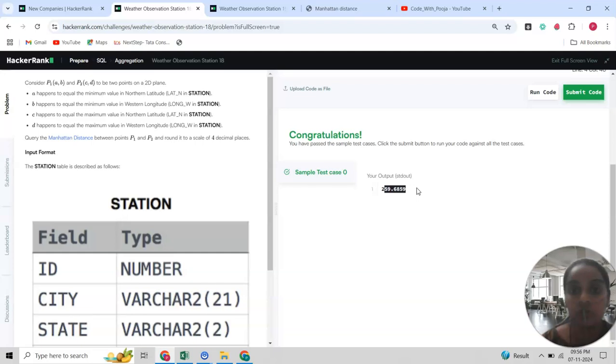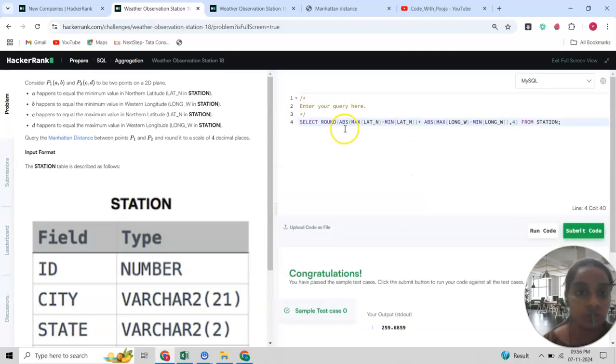Try to figure out the functions you will use in the query, and then the order of the functions we have to use in the query. Okay, so for this question I will stop here.